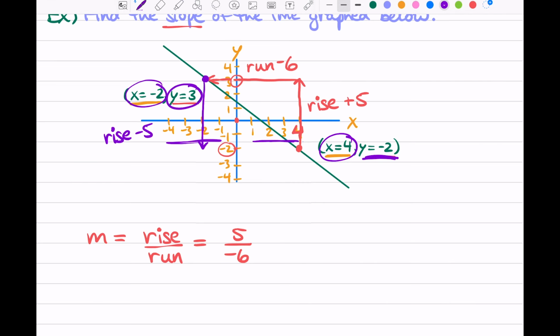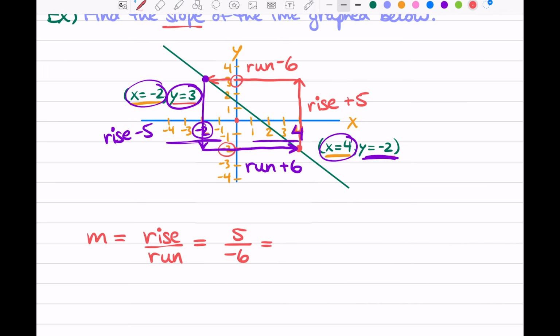And now we have to run across. We're here, and now we run all the way over to our second point. How much do we run? We run from -2, which is up here, -2, over to 4. And so we run +6. And here's 4. Since we went from our dot up here to our dot down here, we have a different rise and run.